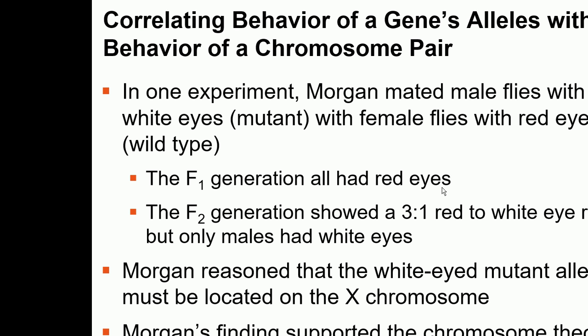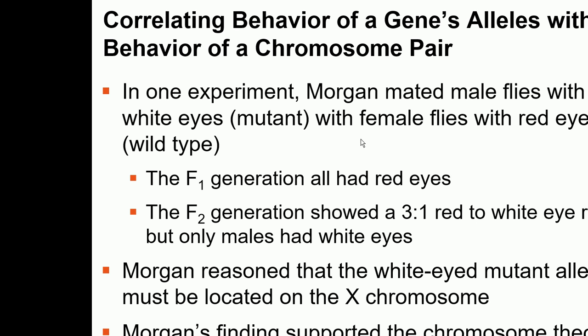So in one experiment, Morgan mated male flies with white eyes, which means they're mutant flies, with female flies with red eyes. What he found in the F1 generation was that all flies had red eyes. So he took these flies and mated them.